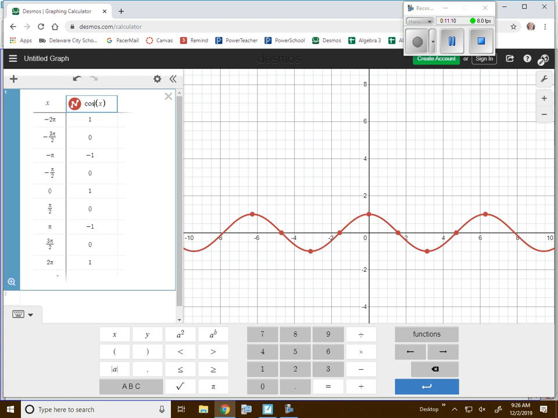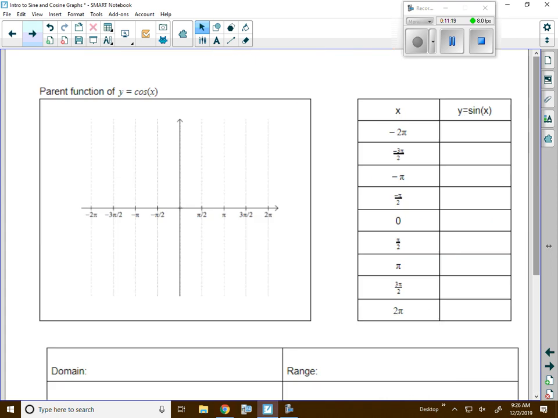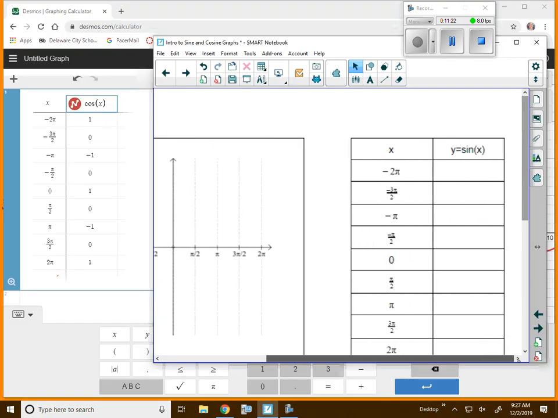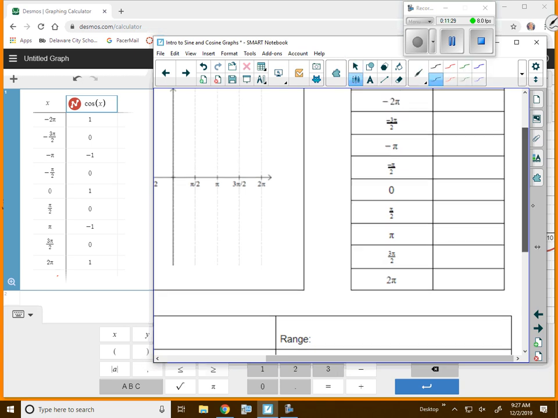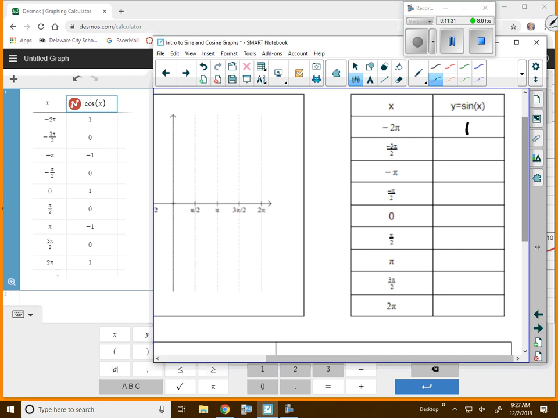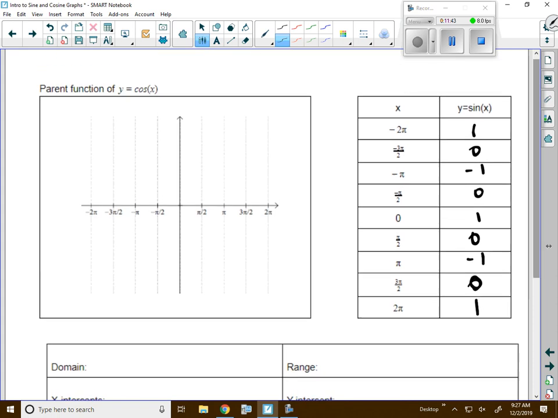So change that to COS, and then you can fill in your new table on the back. Okay, and then you can create your graph.